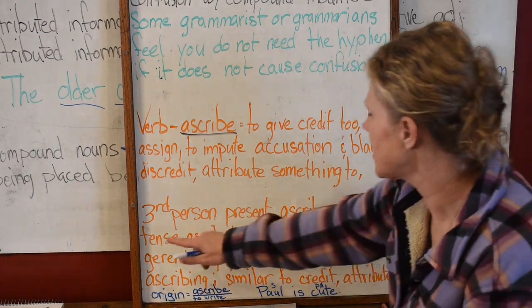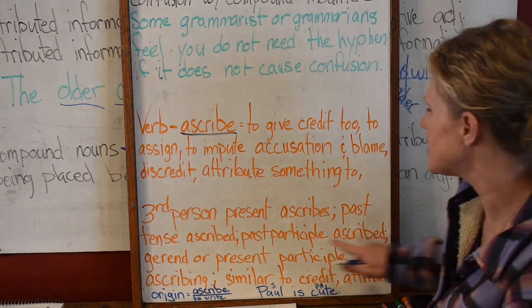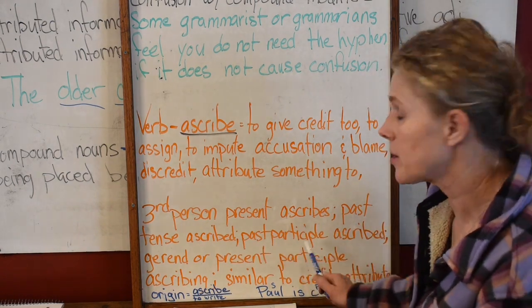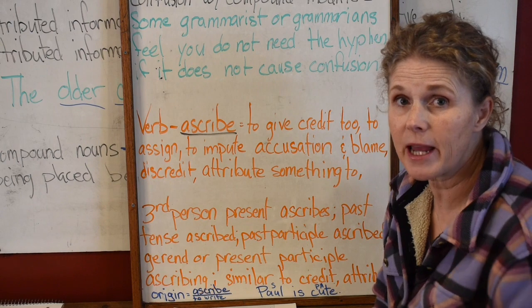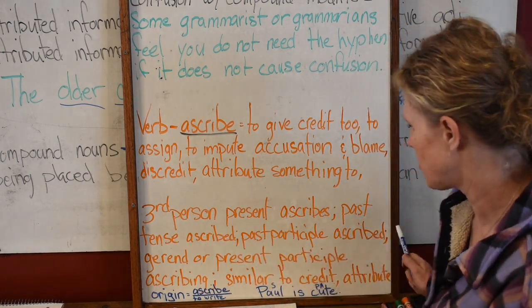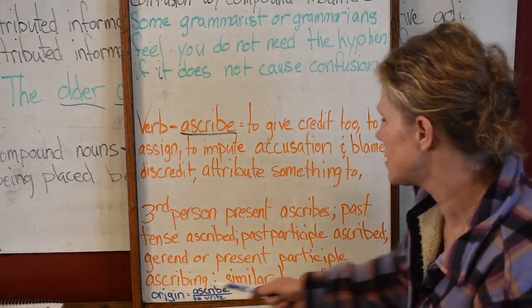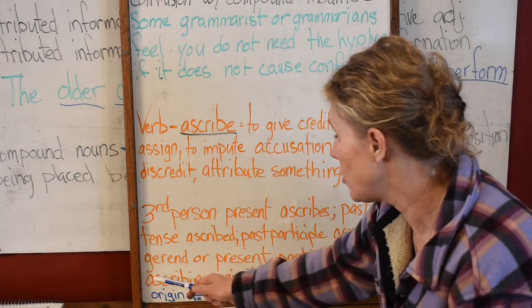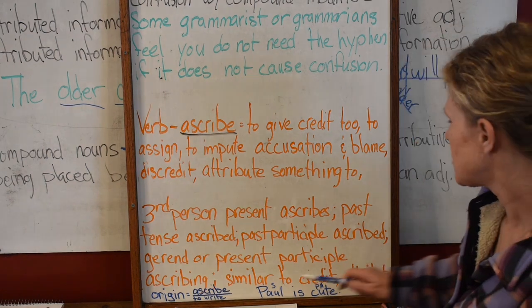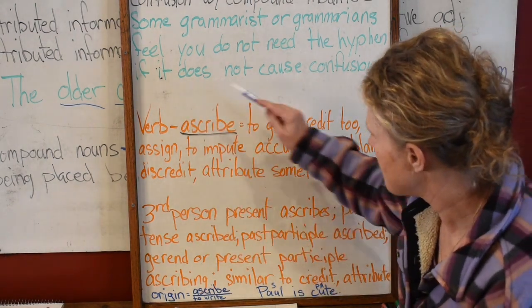So then we have past tense, ascribed. Okay, past participle, ascribed, they're the same thing. But if you're not understanding your participles and your simple present and your present perfect, you're not going to truly understand how to use these properly. Also, you see a gerund or a present participle is ascribing, and we've gone over this quite a bit. We haven't tackled this. So similar to credit or attribute. So that's what ascribe means.